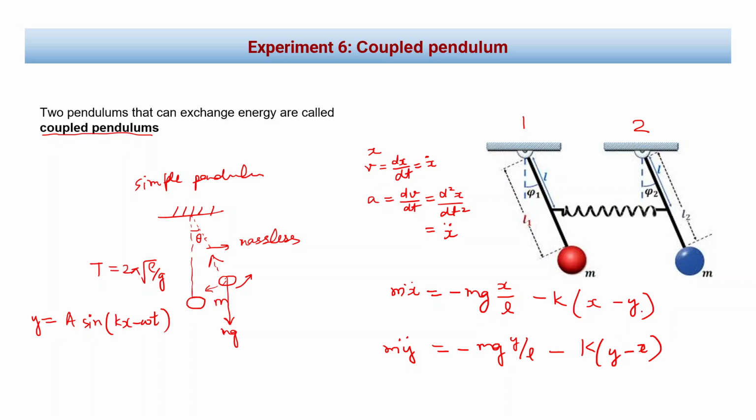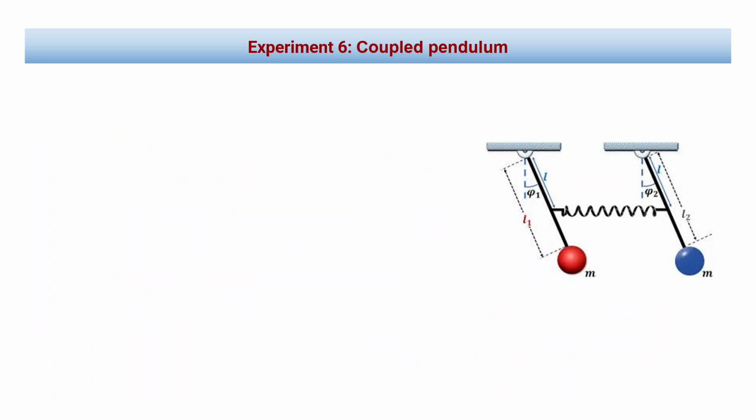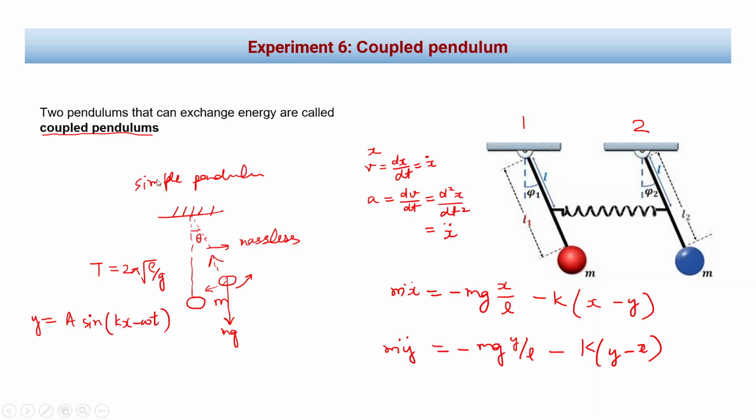Now after solving and taking various assumptions and substitutions, as you can watch in the video, you must have already seen the derivations. What we find when we try to solve these equations is that we cannot solve them easily, because there are two unknown variables, x and y, in both equations.